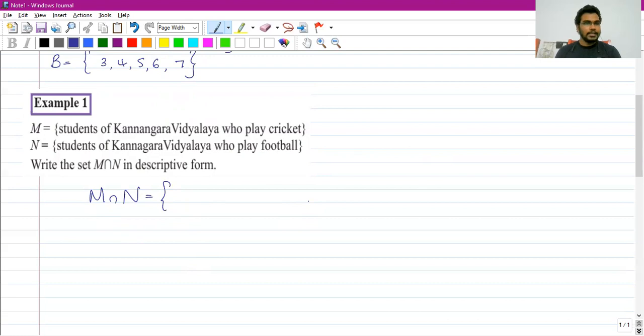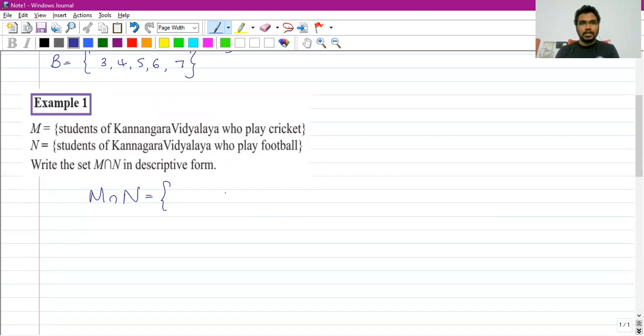Set M is students of Kannangara Vidyalaya who play cricket. There can be many students who play cricket in this school. Set N means those who play football. As with cricket, there will be some students who play football. And also there may be students who play both, cricket and football.